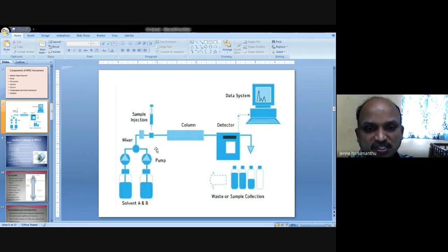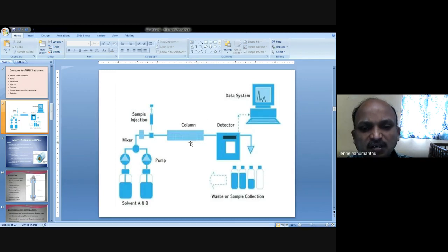You can inject it into the column along with the sample. This is sample injection. In this column, which acts as the stationary phase, the liquid acts as the mobile phase and also as a carrier. This mobile phase carries the unknown sample into the column, based upon polarity, polar or non-polar.